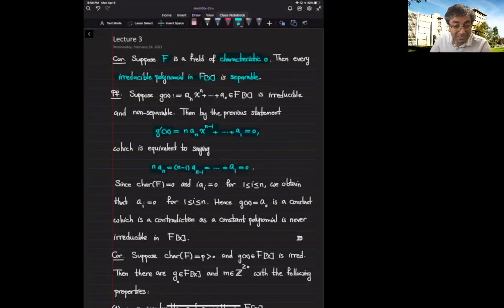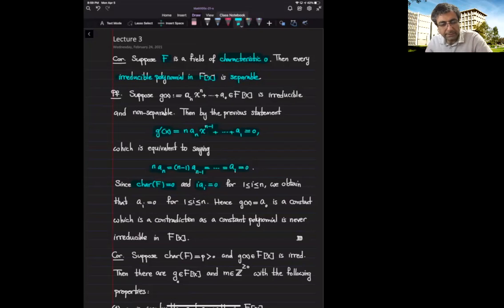But the characteristic is 0. So when I tell you i times a sub i is 0, I can deduce a sub i is 0. Because the characteristic of F is 0, if I tell you i times a sub i is 0, then I can deduce that a sub i is the 0 element itself. Remember, it's a field.